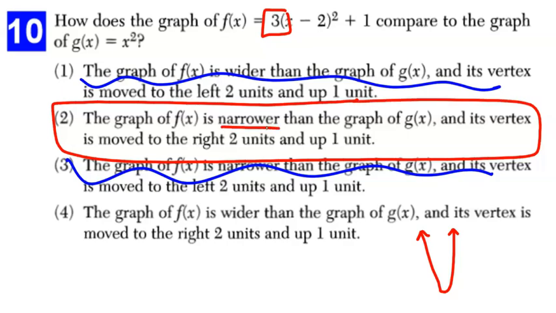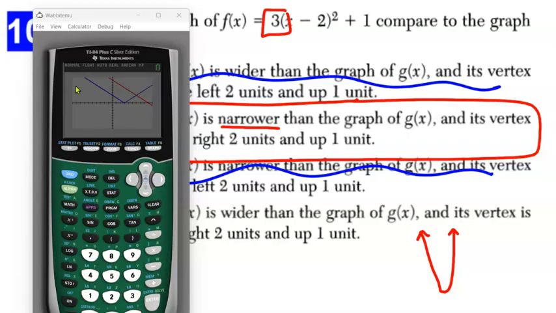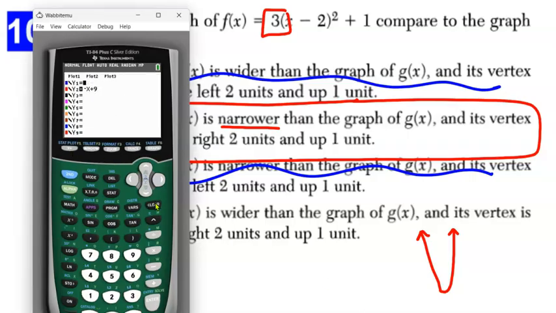And if you weren't sure, you simply turn your calculator on, you type in the y equals your x squared function here, and then you type in y2, 3 parentheses, x minus 2 squared plus 1, and you can watch it being graphed.